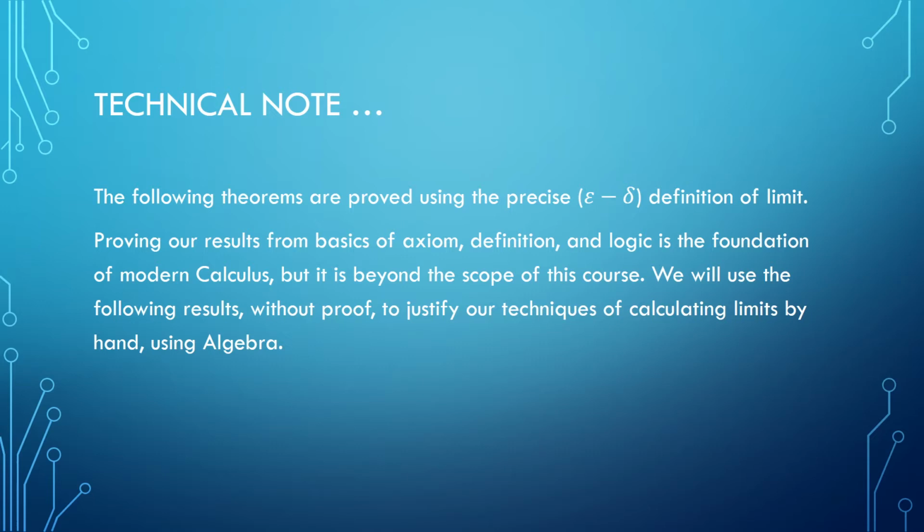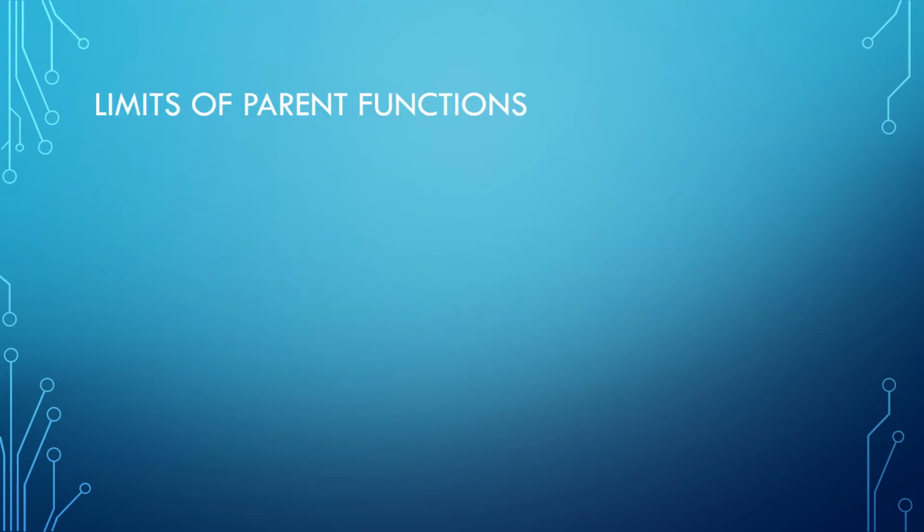We'll use all of these following results without any proof to justify our techniques of calculating limits by hand using algebra. So without further ado, here are the theorems. First, we just want to say that some simple parent functions have easy limits. If you have a constant function, the function is always equal to b no matter what.